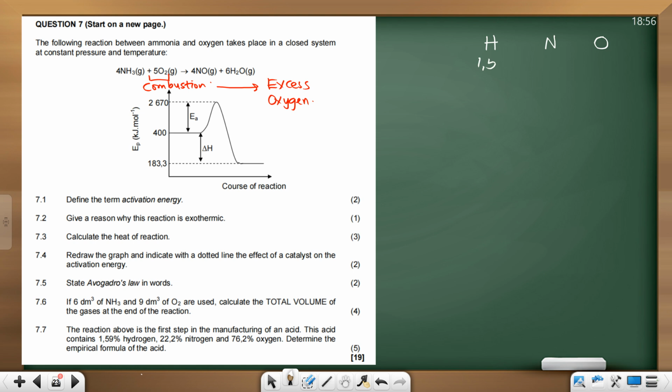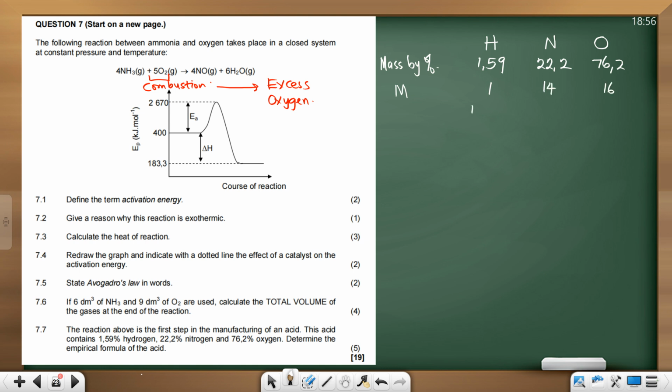Percentage by mass, 1.59, 22.2, and 76.2. This is mass by percentage. Now, what is the atomic mass? 1, 14, and 16.